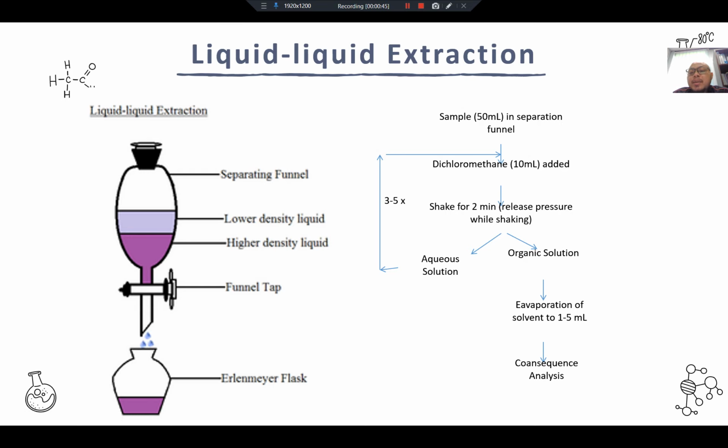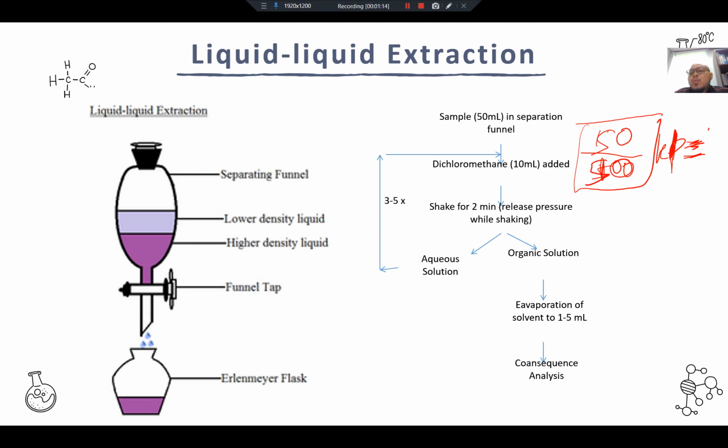As I mentioned before, for example, the first extraction, where KD is 1. Let's say you have 100 molecules.